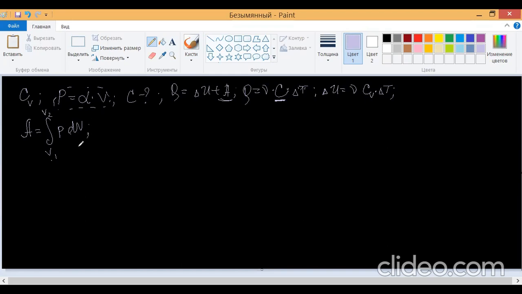We've got dV, right? We also know that we deal with ideal gas, which means that we can and should use its state equation, which is P times V equals nu RT.